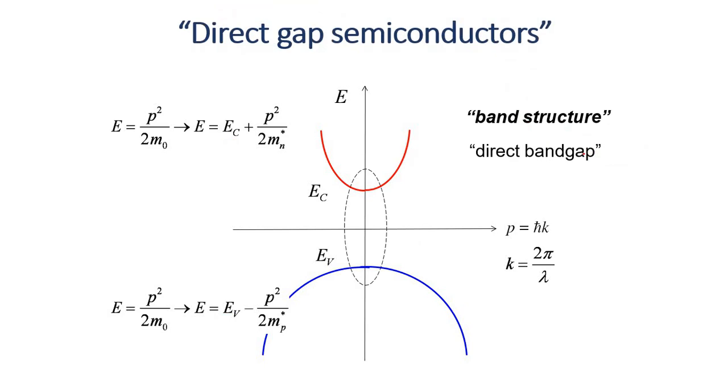So what is a direct band semiconductor? When the K point or P point is at the same point, what is the delta P between these two points? Because this is the P axis, the momentum axis. So what is the delta momentum? Change in momentum is 0.